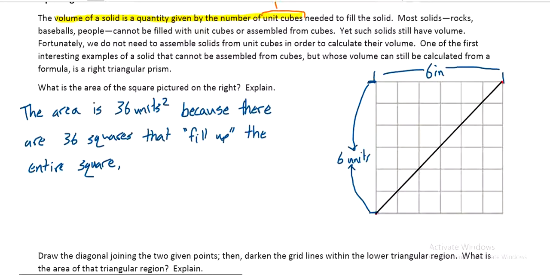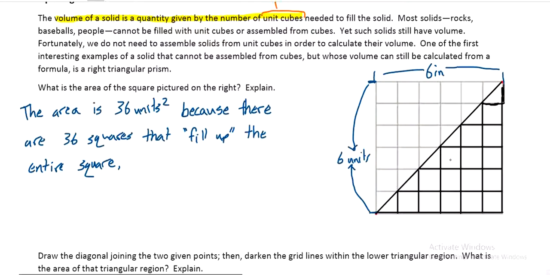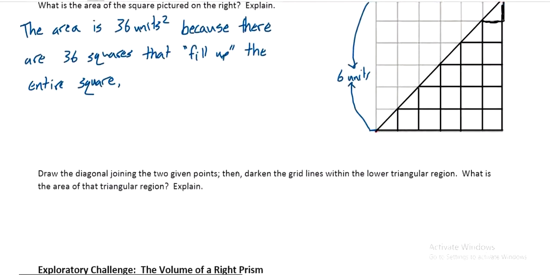There's our diagonal. And it wants us to darken, so we're just going to go over these with our pencil real quick. Go ahead and do that. So there we are. That's what I meant by darkening the grid lines. So we have them obviously here dark on the other side. We want to find the area of this triangular region.